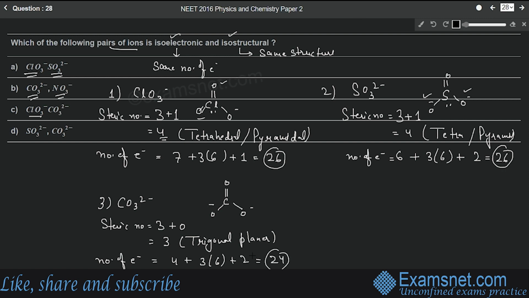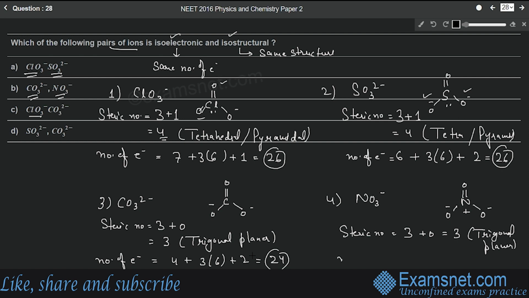And the last type of species given here is NO3 minus. Similarly, we'll find the structure as well as the number of electrons for this. NO3 minus means nitrogen, double bond O, single bond O minus, single bond O minus. Here nitrogen will have a positive charge. Steric number will be 3 oxygens, so 3, plus how many lone pairs of electrons? 0. Lone pairs are 0, so 3. Again, that means the shape will be trigonal planar.